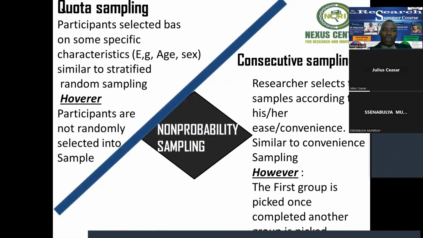So we also have what we call the quota sampling technique. It is slightly similar to stratified. However, in the quota sampling technique, the participants are not randomly selected. You remember I said when you form a strata of nurses, and then you want to pick only 5 nurses from the 15.